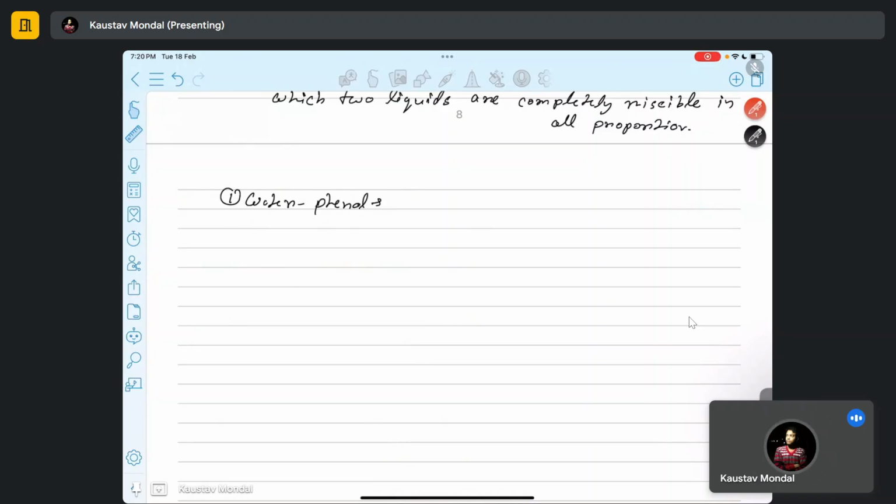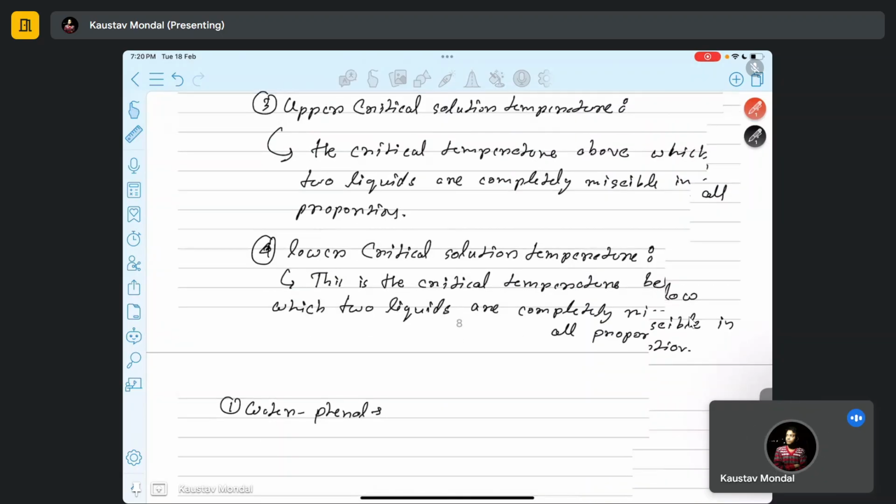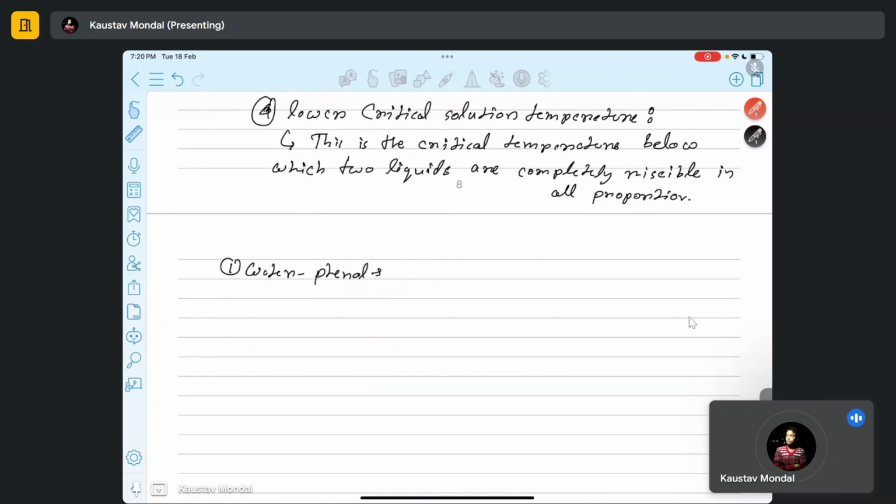So you are cooling the water phenol solution, and after a critical temperature, these two miscible fluids phase separate. That means only the upper critical solution temperature exists for this solution.